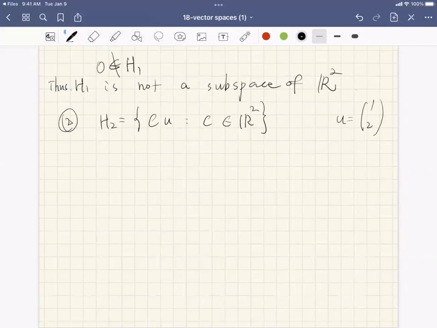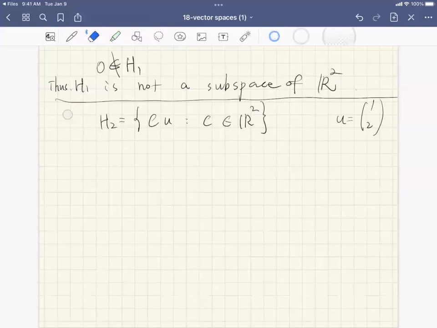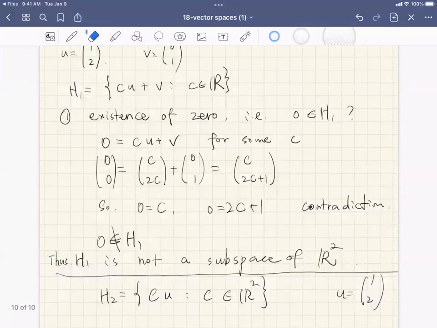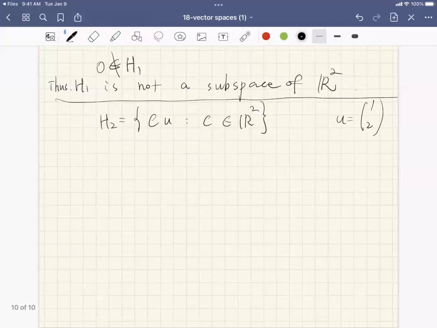Then first, we want to try to prove 0 is in H2.